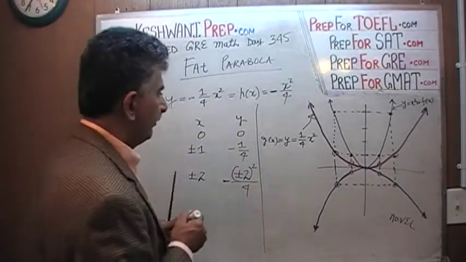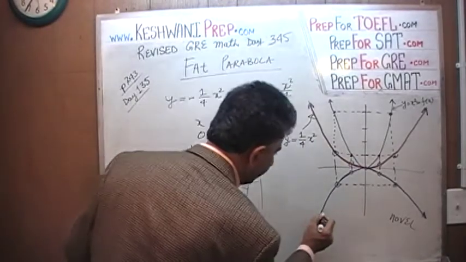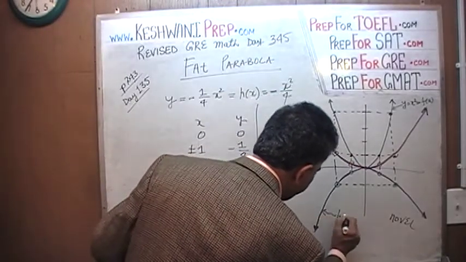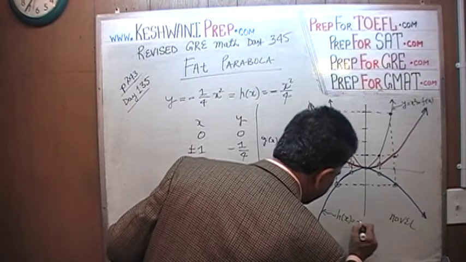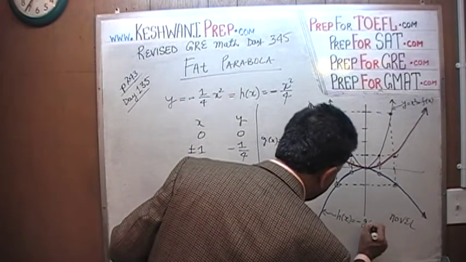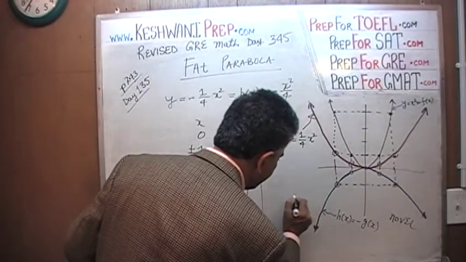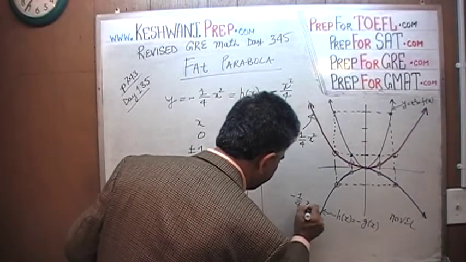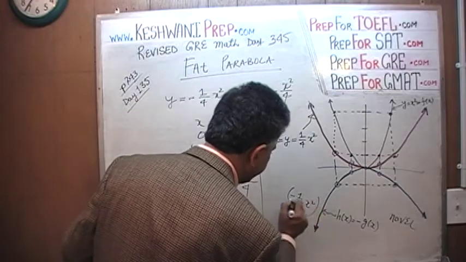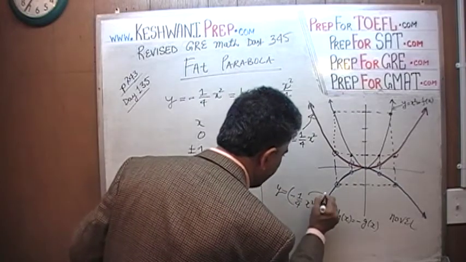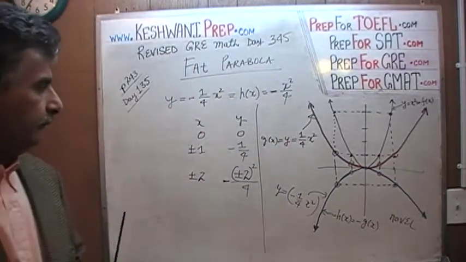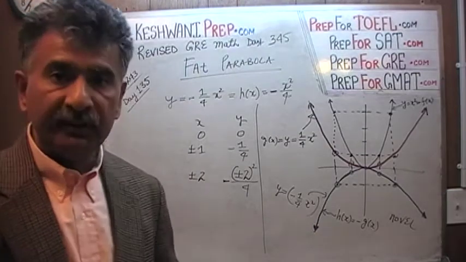Well, it's the same as this guy, except with a negative in front of it. So this is what we're calling h of x, which is negative of g of x. It is negative of g of x, which is the same as saying it is negative 1/4 x squared. That's all. That's what we see in the book there.